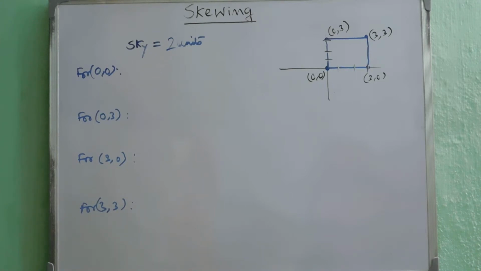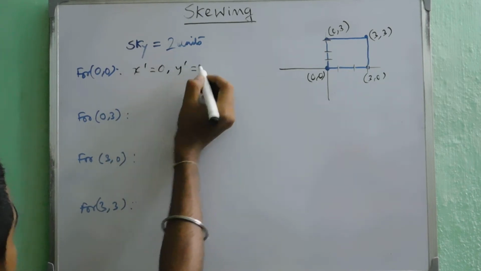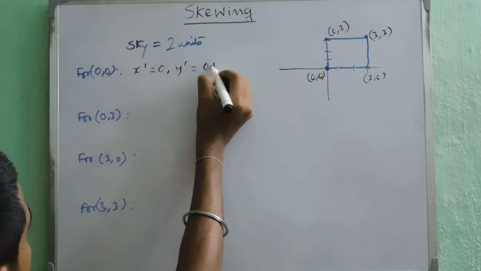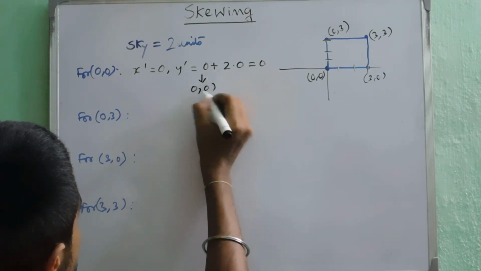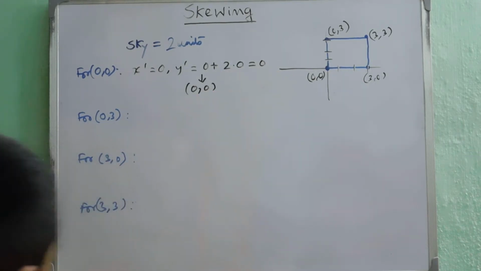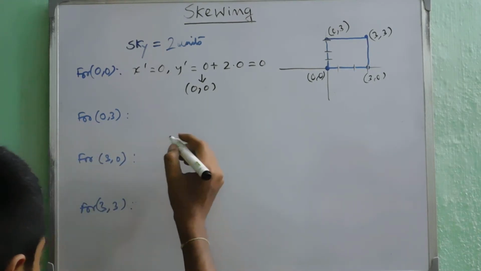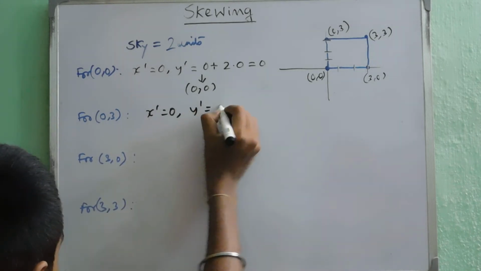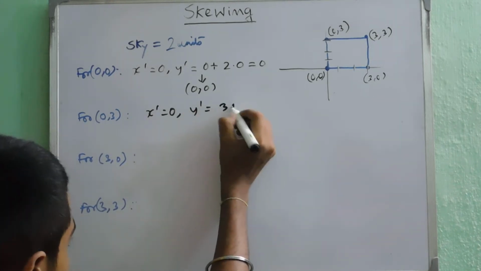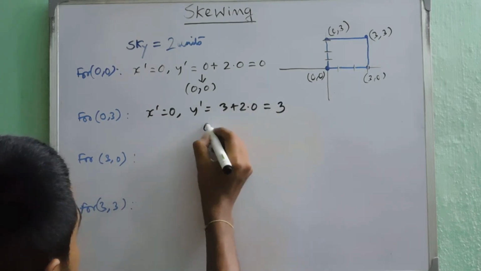For 0, 0, we will have x dash as 0 and y dash as 0 plus 2 into 0, that is 0. So 0, 0. Then for 0, 3, we will be having x dash as 0 and y dash as 3 plus 2 into 0, that is 3. So 0, 3.